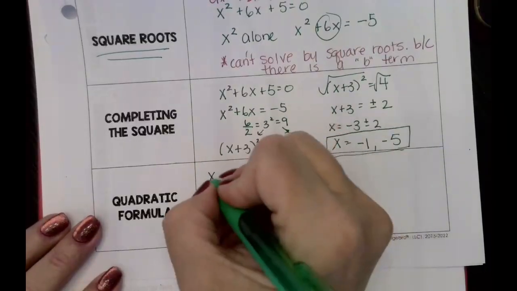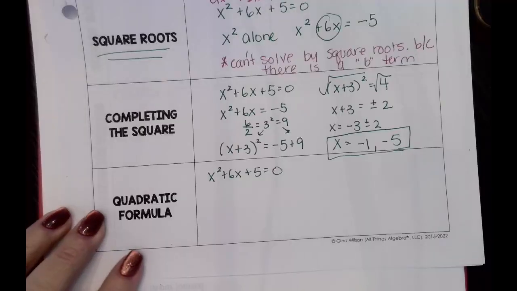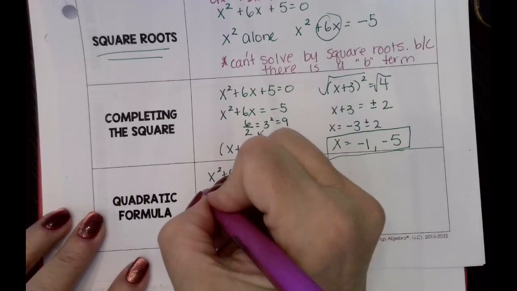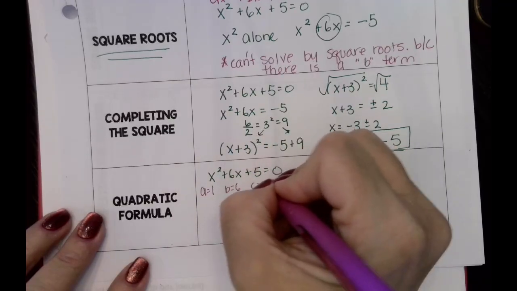Okay, last method here. All I did was rewrite my equation. We're going to solve this one with the quadratic formula. So a equals 1, b equals 6, and c equals 5.